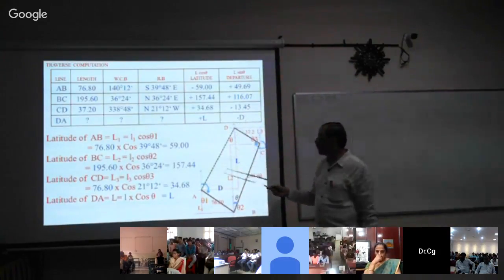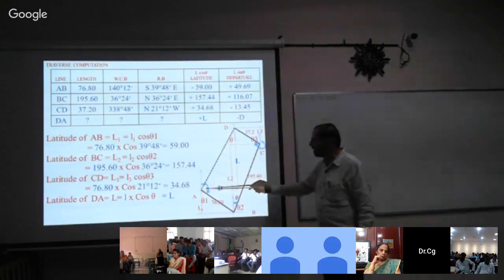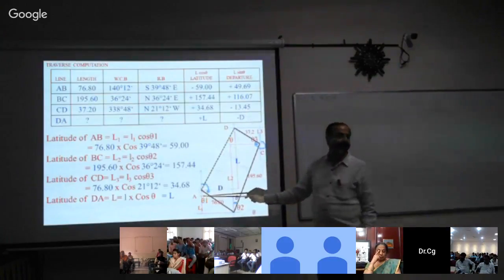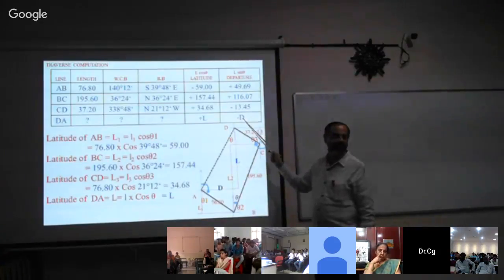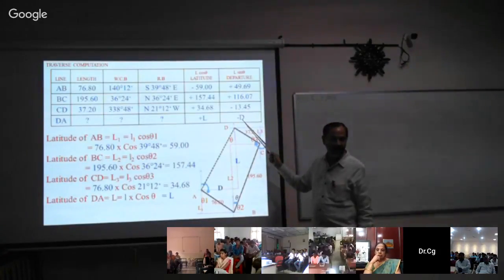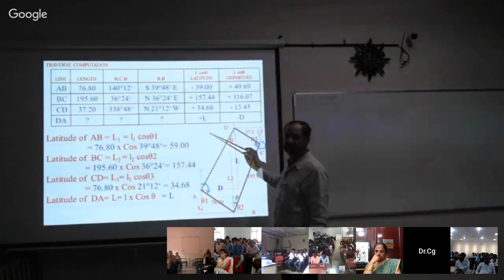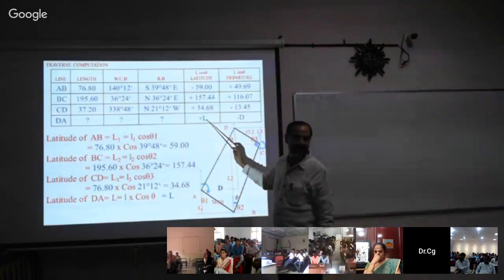We don't know. Therefore, the length and bearing of the line, that is the latitude of line DA, is L. The departure of the line DA is D. Now you make the sum of these, then you are going to get L as the residue, isn't it?